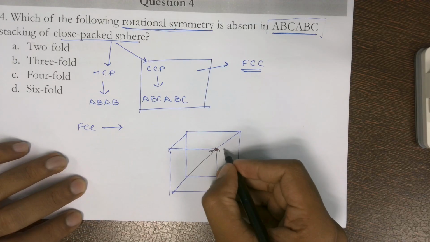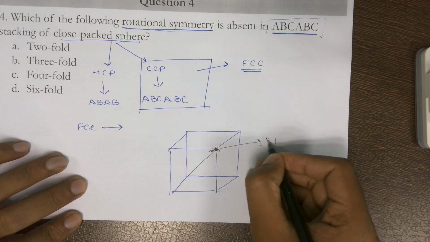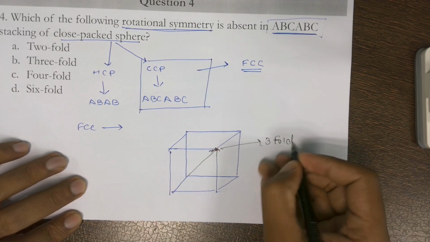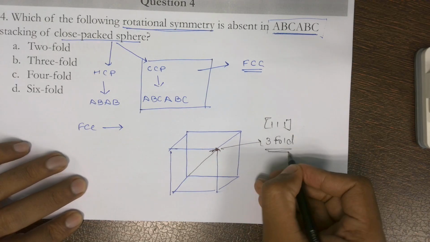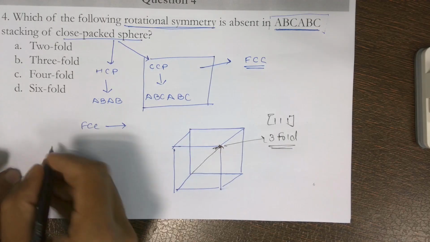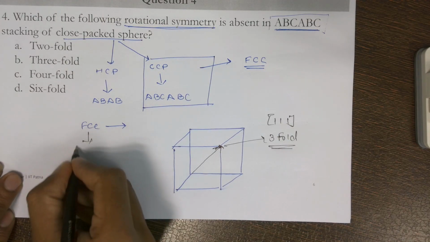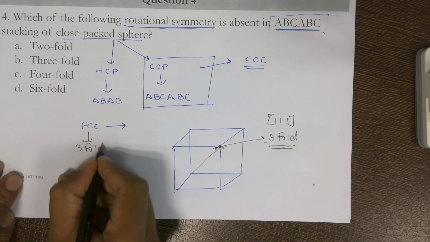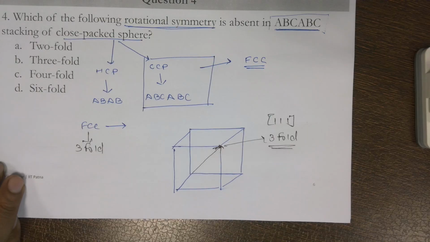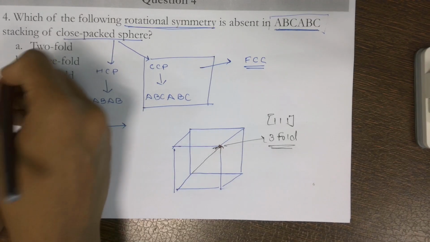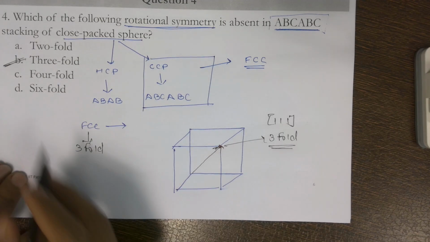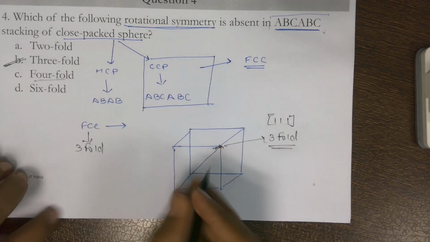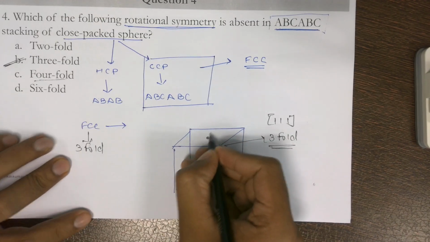And here we saw that this axis has threefold symmetry. The axis is 1, 1, 1. In this body diagonal direction, we have threefold. So first thing is clear that this one has the threefold. Now, threefold it has. What about the others? Is fourfold there or not? Let's talk about the fourfold first, about this particular axis.